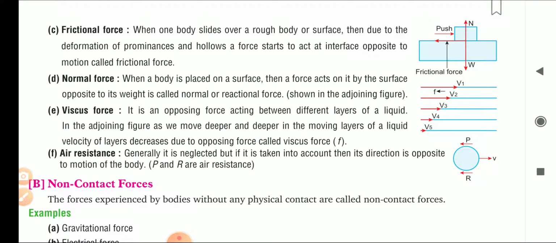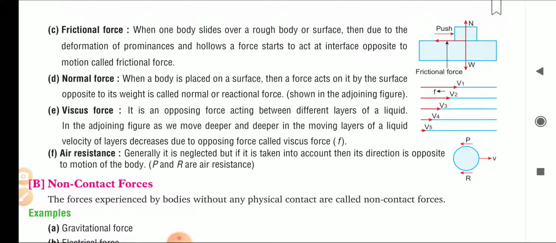That's why we have to apply some force to overcome that interlocking, and then the object will move. We have to apply a little bit more force than that, which is known as the limiting force. The limiting force is the force at which the body just begins to slide, to overcome the frictional force.